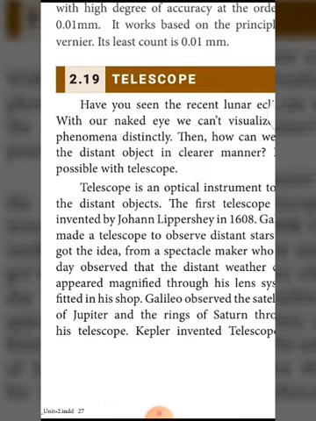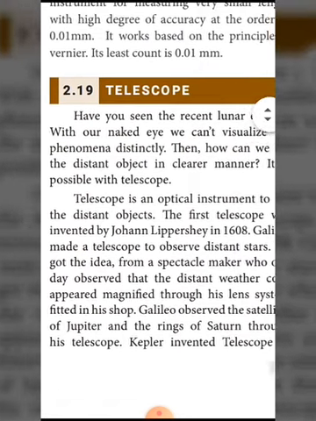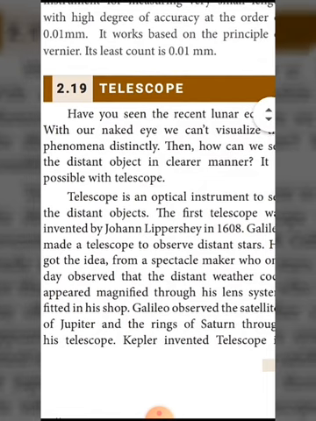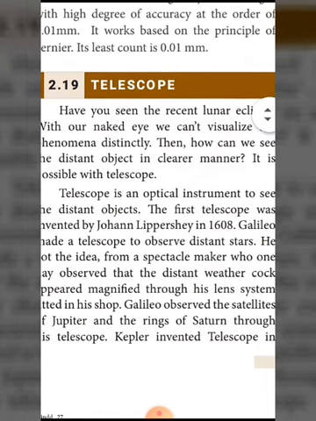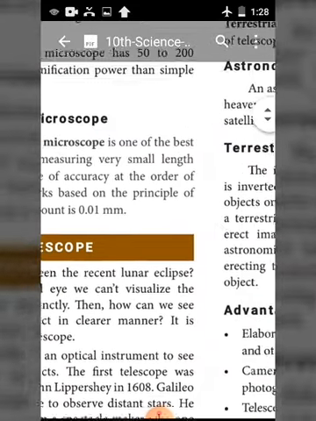Johann Lippershey, he discovered the first telescope in the year of 1608. Next, Galileo also discovered one telescope. He observed Jupiter and rings of Saturn. The next one, Kepler, his telescope is similar to astronomical telescope. He invented the telescope in the year of 1611.